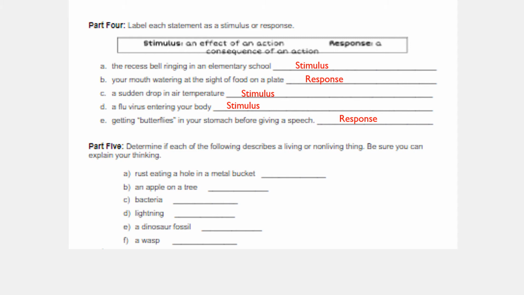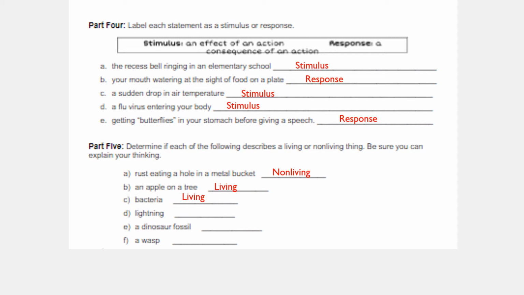Now we say it eats a hole like a human characteristic, but have you ever seen rust pregnant or have a baby? No. Rust is non-living. An apple on a tree is living because the seeds in the center are like the eggs. Okay, bacteria is living, and we're going to talk more about that when we get to microorganisms.